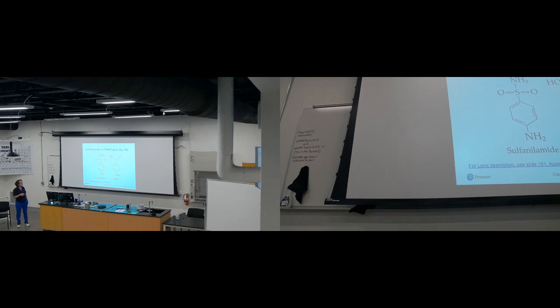This one has an amino group, it's a sulfonamide, so it has sulfur as well. So when you give this drug to a person, a sulfa drug, the bacteria won't be able to form folic acid. And without folic acid, the bacteria will die. So this is a competitive inhibitor. It's similar, but it's not the same.